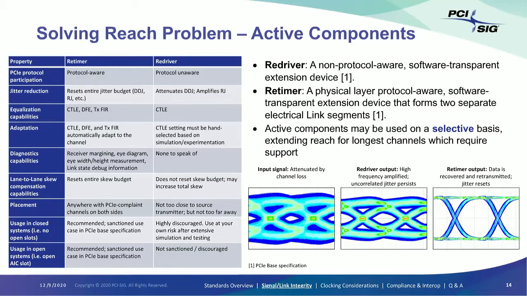In other words, as long as you meet the channel requirements of PCI Express on both sides of the retimer, then that retimer is expected to behave like any other endpoint or root complex device in terms of being able to work from a bit error rate perspective and also have the necessary protocol and diagnostic capabilities. On the other hand, redrivers sometimes have placement considerations, meaning they can't be too close or too far away from certain components, and typically that decision needs to be reached through some extensive experimentation and simulation.